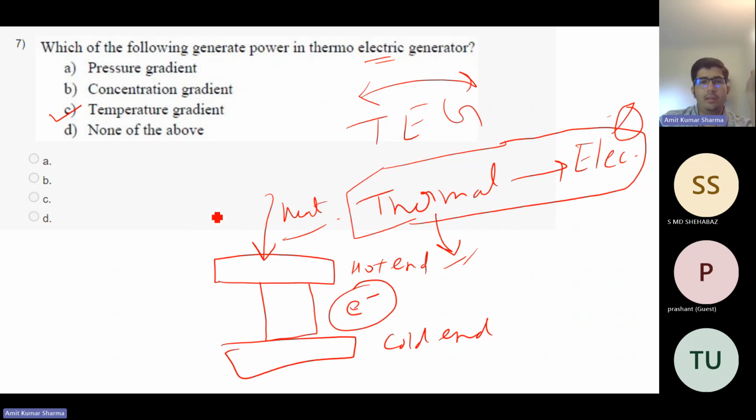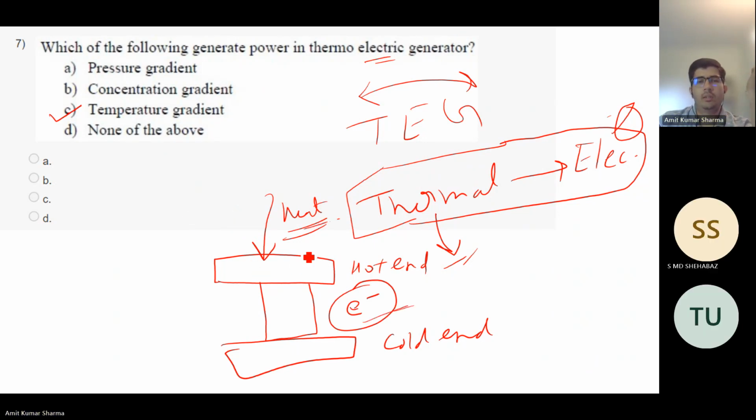So you are having heat and you need to flow the electron. Then how can this be possible with temperature gradient? What do you think?